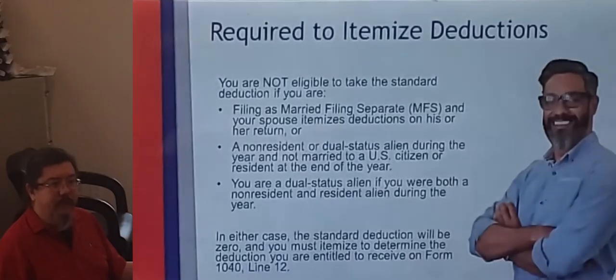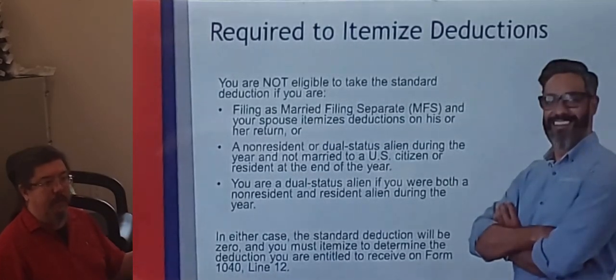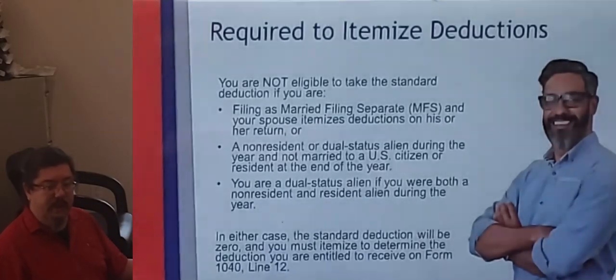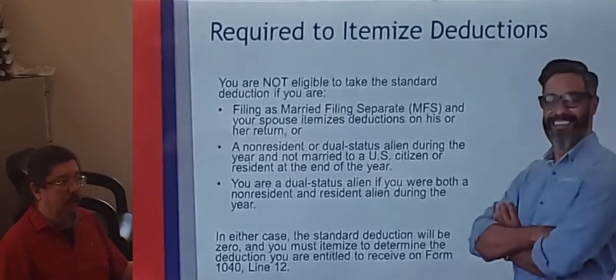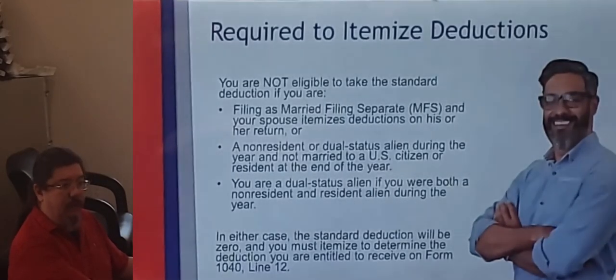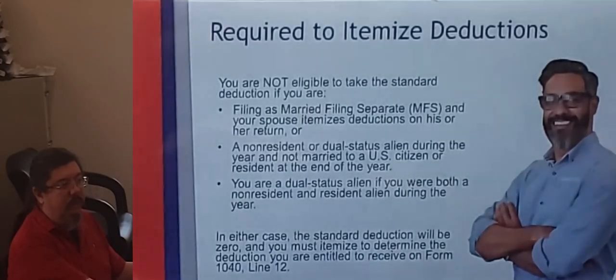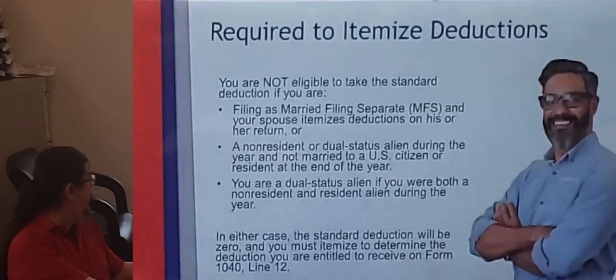And then you would actually have to do a 1040NR for the non-resident part of the year and a separate 1040 for the resident part of the year. But in that case, you can't take the standard deduction on the 1040 on the resident part of the year. Dual status alien, I've only done one of those in my 12 or 13 years doing taxes, so that probably won't come up.